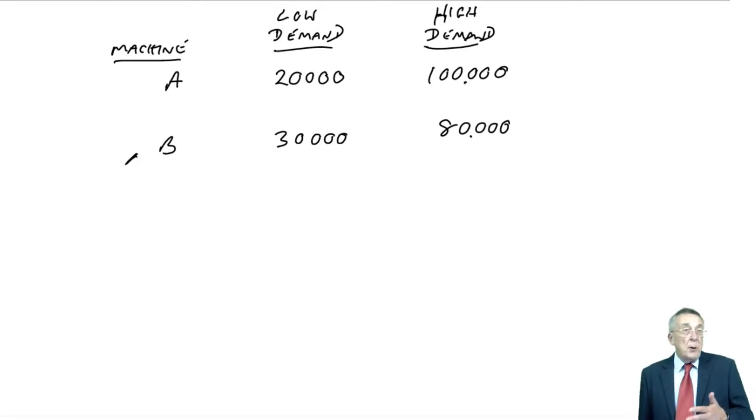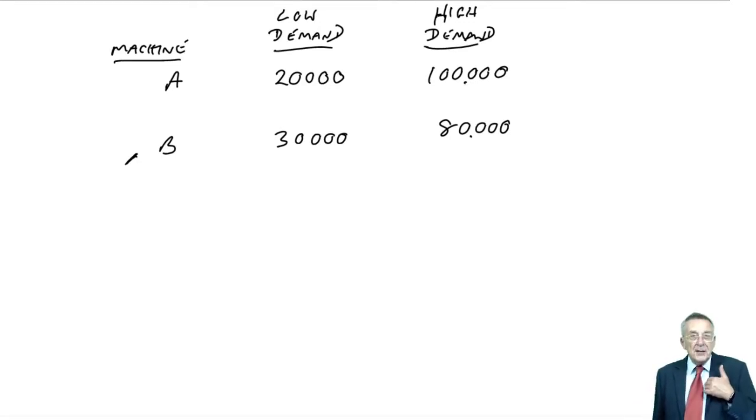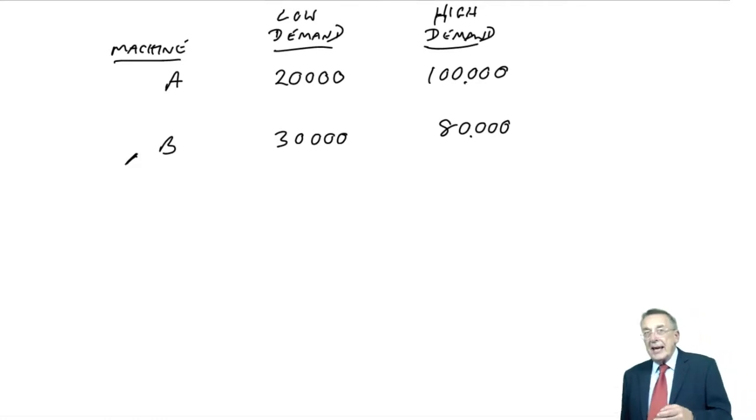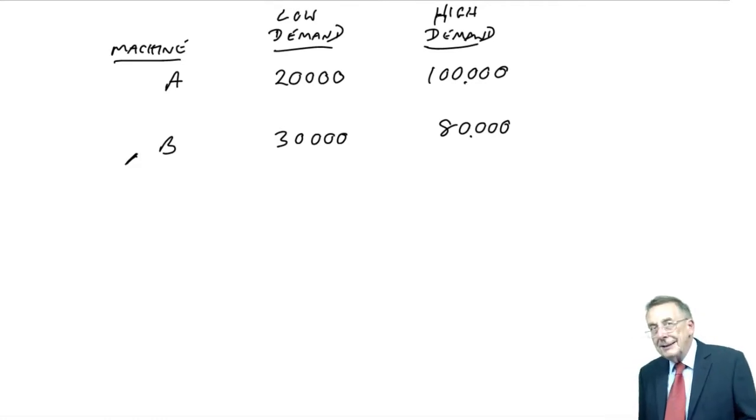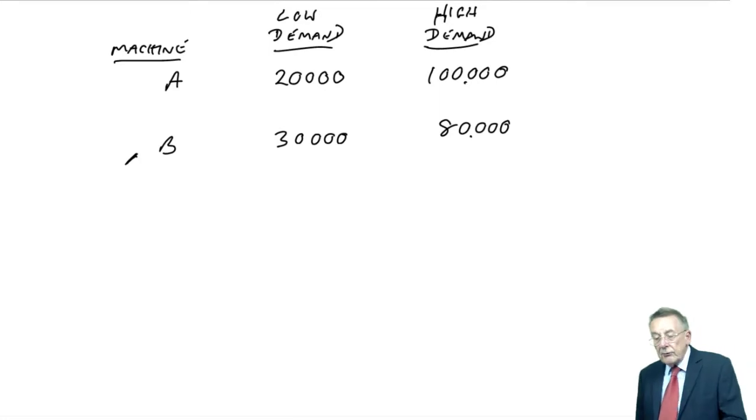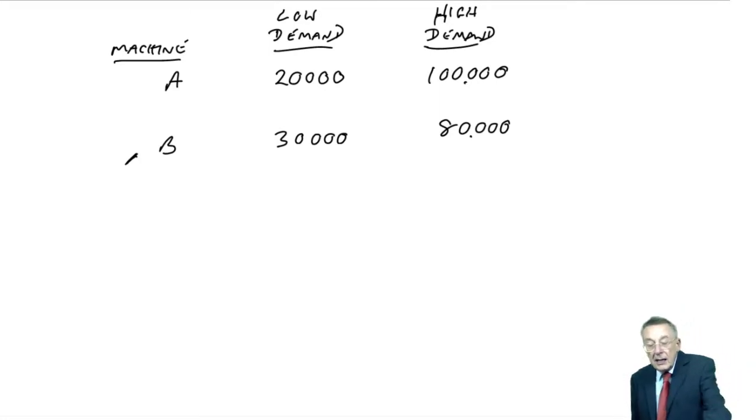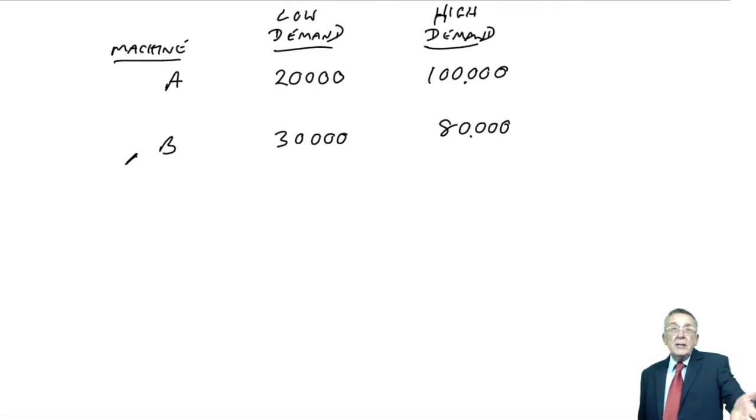If these were millions and it was me personally deciding, I'm not greedy. I'd rather have a guaranteed 30 million than take a risk and end up where I may get only 20 million. So you might take that approach.